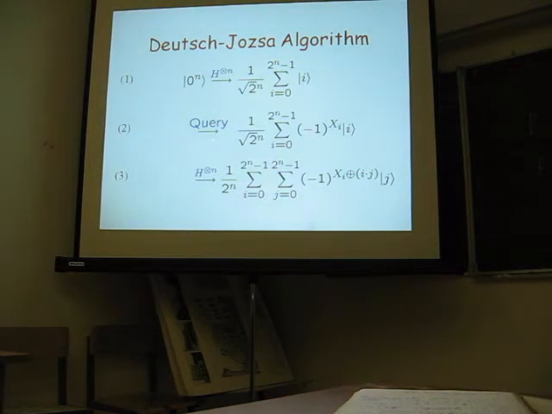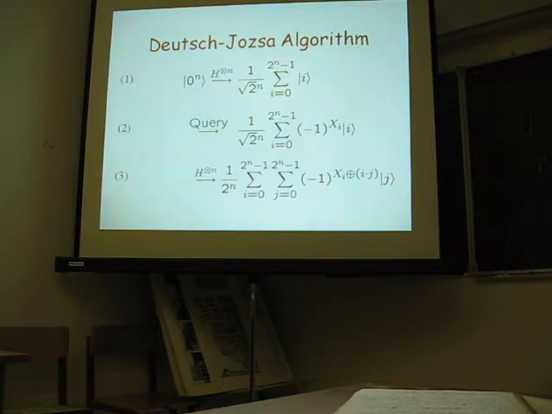And now the third and last step is to apply the Hadamard again to this state. And you have to use this other rule, Hadamard applied to an arbitrary state, and linearity, but if you do it correctly, you will get a double sum, where you get a superposition over all j, and for each of these j's you sum over all i's, and you get (-1) to the power xi plus the inner product of i dot j.